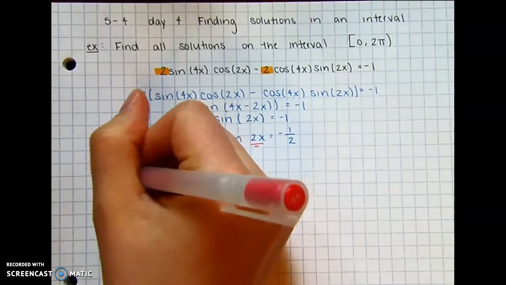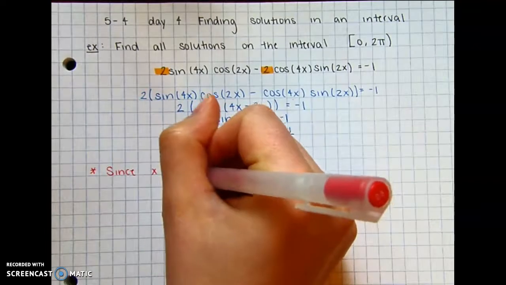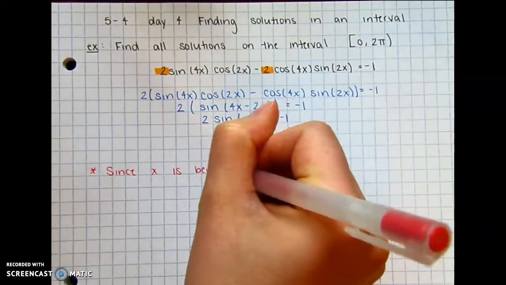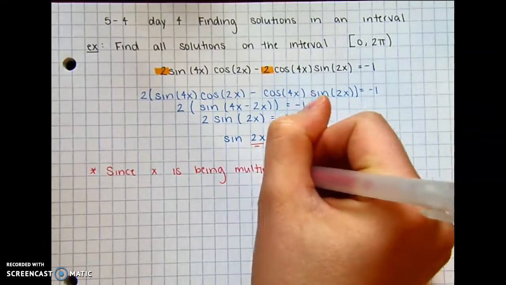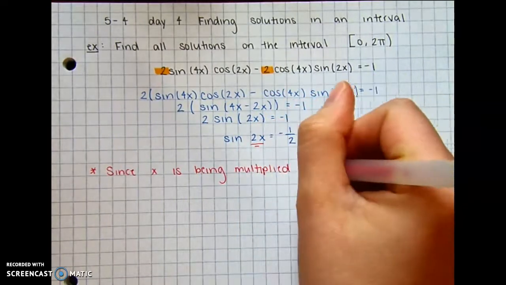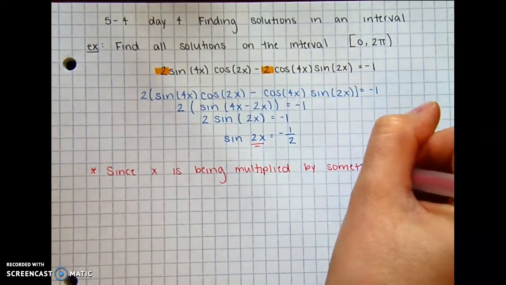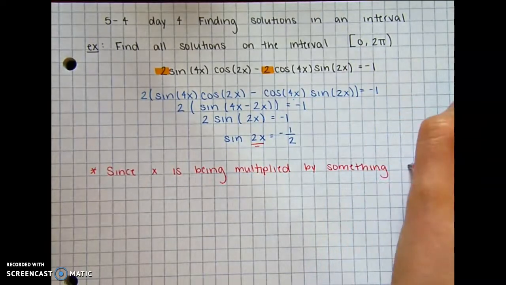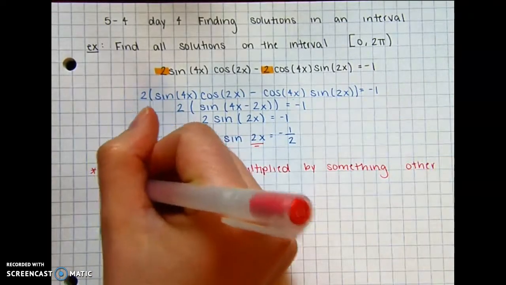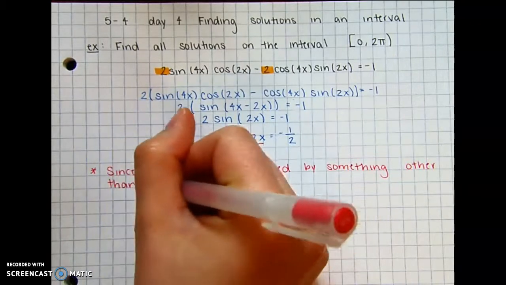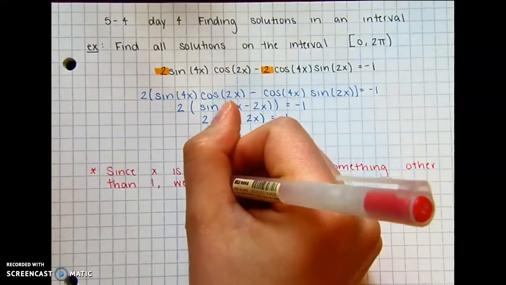So since x is being multiplied by something other than 1, we have to be careful when finding solutions.